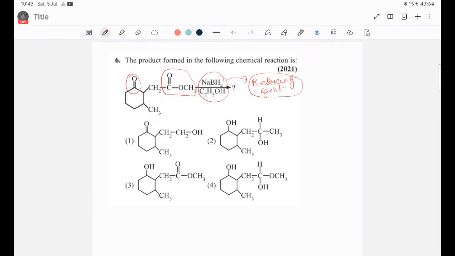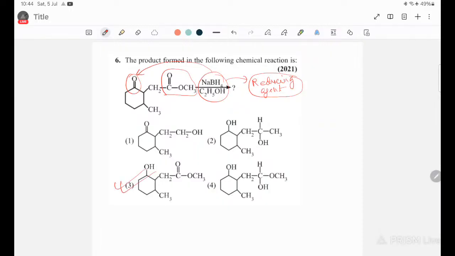So in presence of NaBH4, only this carbon double bonded oxygen will be reduced. The other carboxylic acid derivatives cannot be reduced, and that's why the third option is correct.